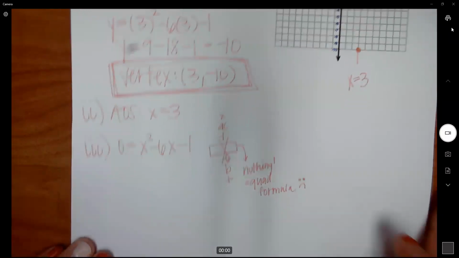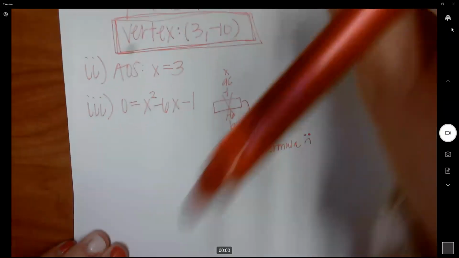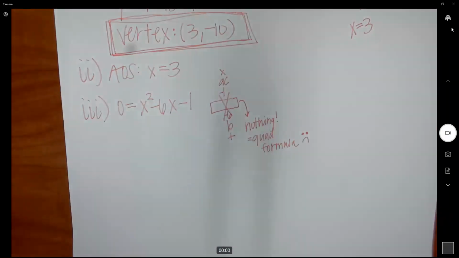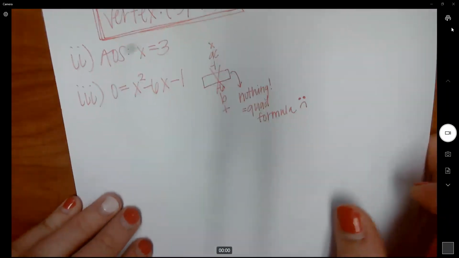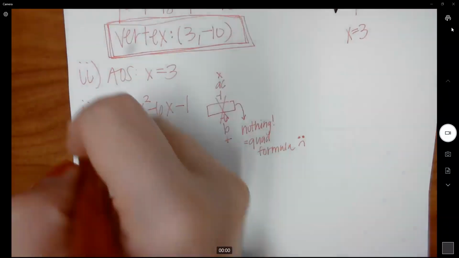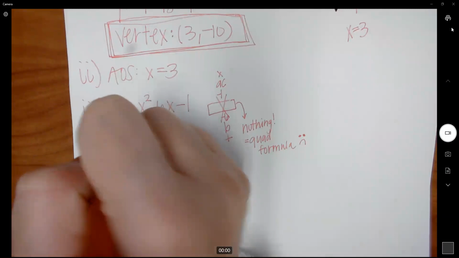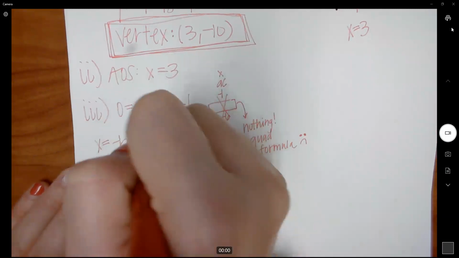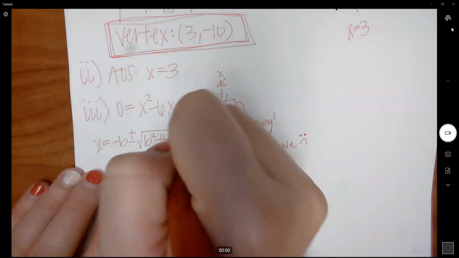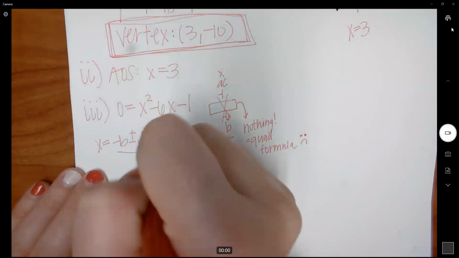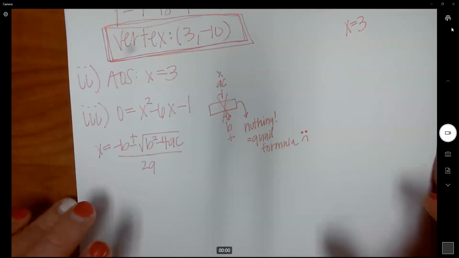But that's okay, because we have practiced and we are experts and we are not afraid of the quadratic formula. My quadratic formula is x equals negative b plus or minus the square root of b squared minus 4ac, all over 2a.